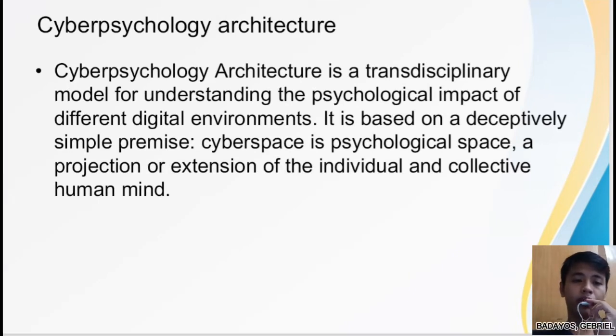Cyber psychology architecture is a transdisciplinary model for understanding the psychological impact of different digital environments. It is based on a deceptively simple premise: cyberspace is a psychological space, a projection or extension of the individual and collective human mind. In cyber psychology architecture, there are 8 dimensions. Cyber psychology can examine the psychological architecture of digital space according to 8 different dimensions.